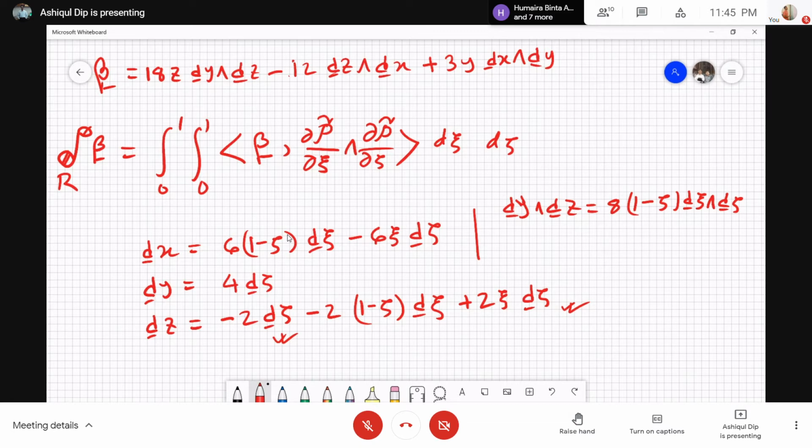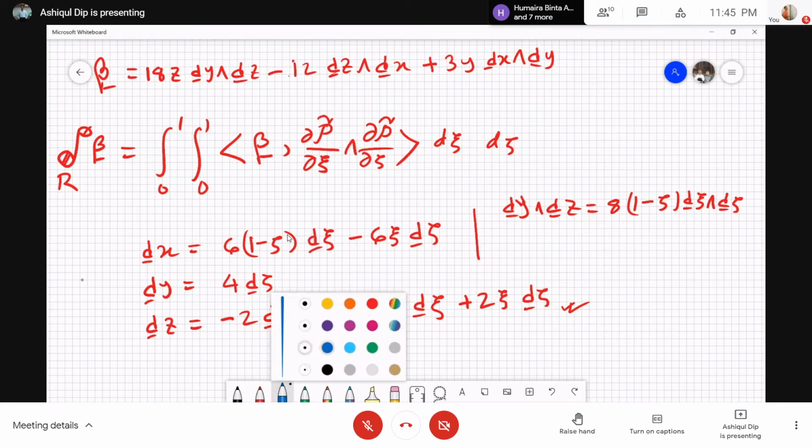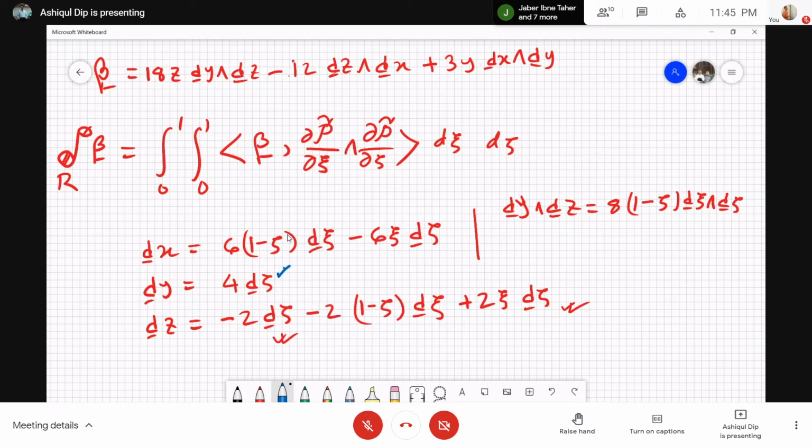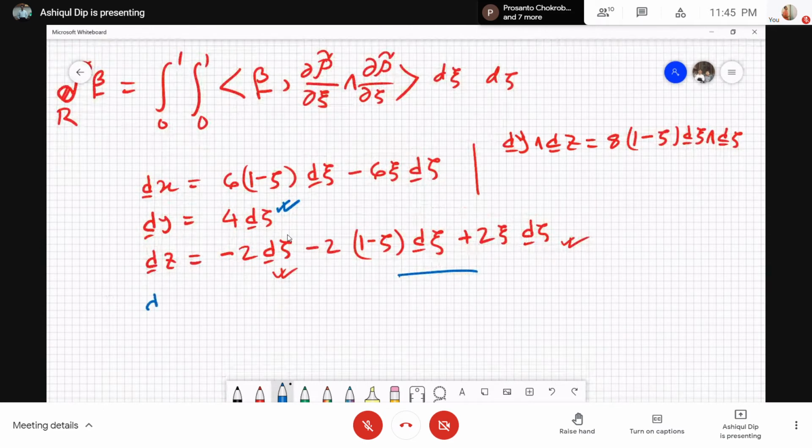Those who aren't able to see it, we are actually taking the wedge product between this thing and this thing. So it has two zeta terms. Actually, we could simplify dz, right? So dz can be rewritten as minus 2(1 minus 2 zeta) d xi, plus 2(xi minus 1) d zeta.